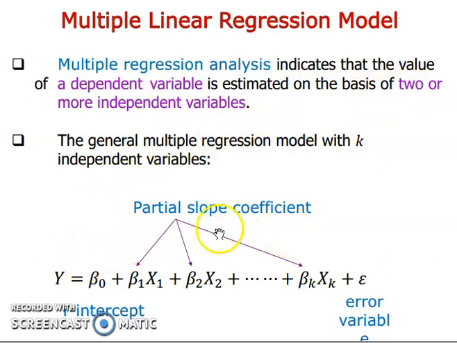So in terms of the model, we can write it as y equals beta naught plus beta 1 x1 plus beta 2 x2 until beta k xk, plus epsilon. If you write y until beta k xk without the error variable, this is the deterministic part. Once you add the error variable, it becomes the probabilistic model.